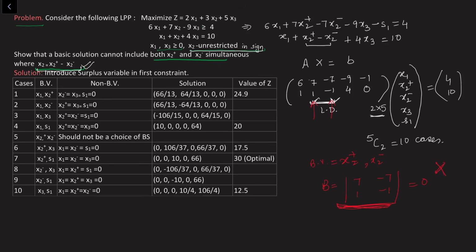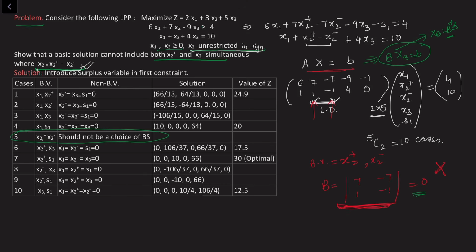So for this case, a solution does not exist. Whenever we reduce AX equal to b to the system B xB equal to b, this should be solvable. To have this solvable, the determinant of B should not be equal to 0. So this choice, x2 plus and x2 minus, will not come.